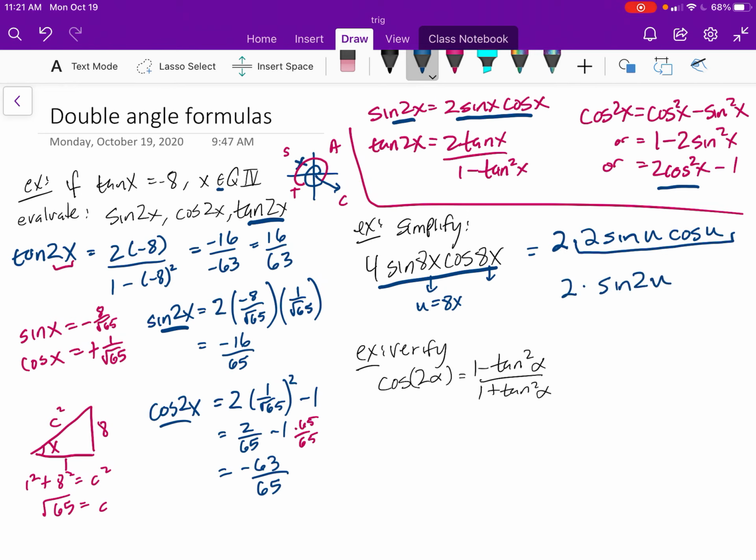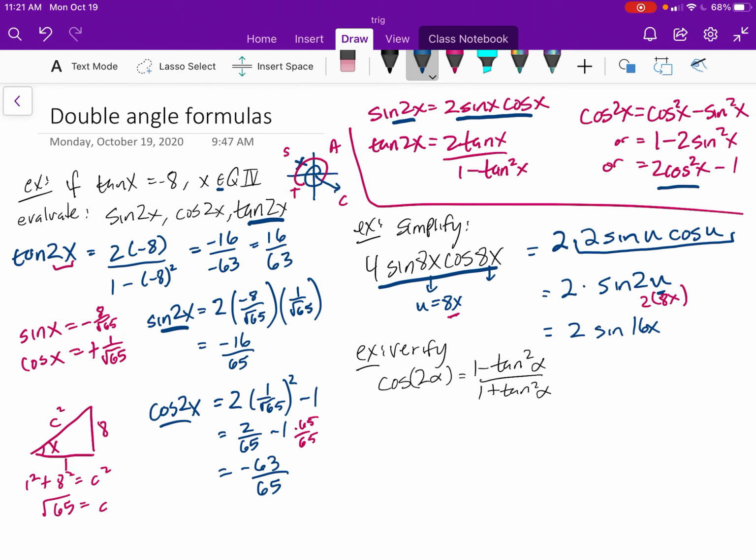But the original problem didn't have anything to do with u, right? So all I'm going to do last is replace that u back with 8x. So since u is 8x, and I have 2u, 2 times 8x, then my final result will be 2 sine, I'll go ahead and use parentheses, but I talked about this in another video.